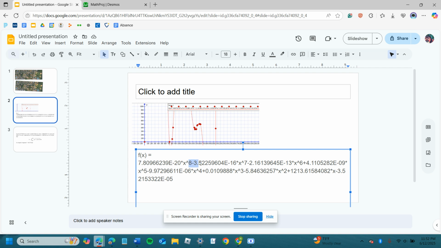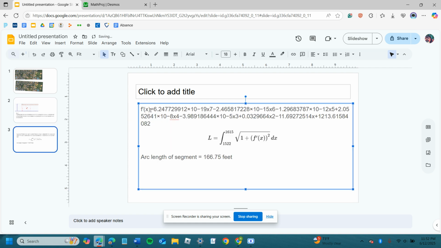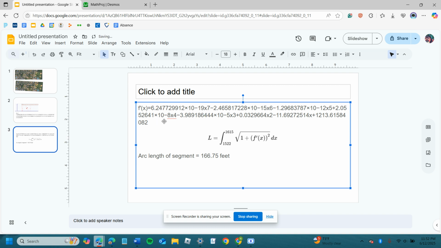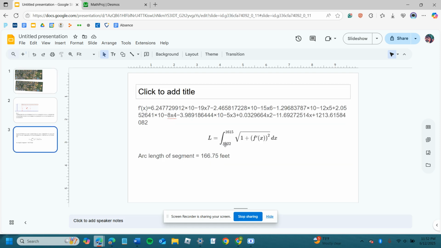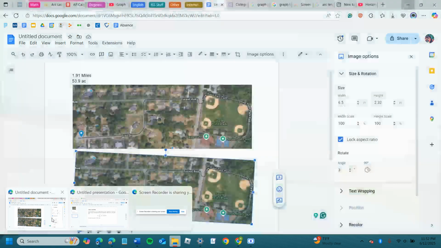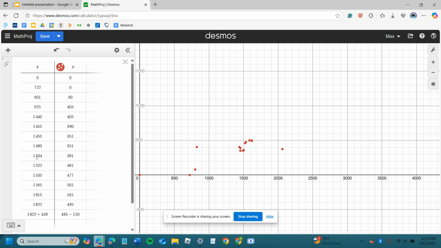It's an eighth power. And then from there, we just take the derivative in our arc length formula that we learned about. So we take the derivative and then we use it in this formula. If you look at the points from the start of the elbow, the start of this curve, to the end, it goes from x value 1522 to 1615, which you can see here.